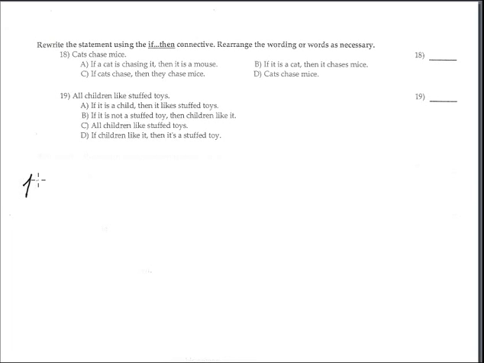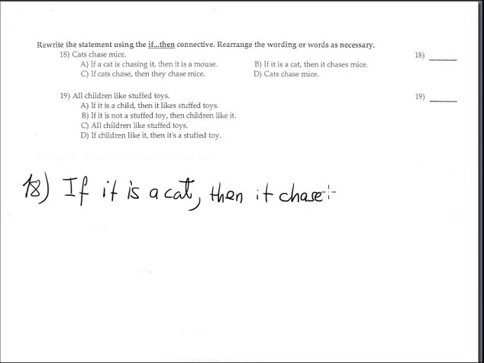If 18, if it is a cat, comma, then it chases mice. Okay, using the connectives if and then. This corresponds with the option B.